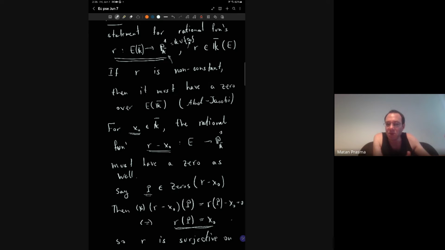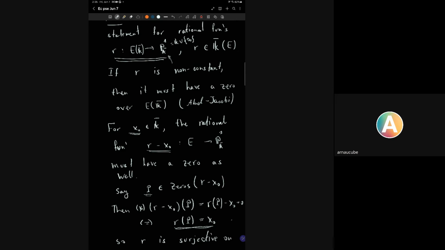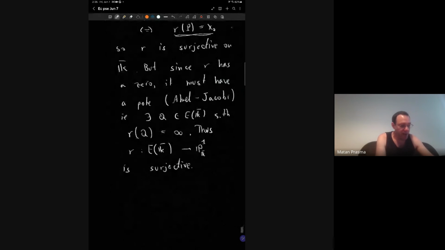This is the symmetry of Abel-Jacobi. And what is a pole of R? A pole of R is some point Q such that R of Q is equal to infinity. So I get that R covers the projective line completely. Thank you very much.